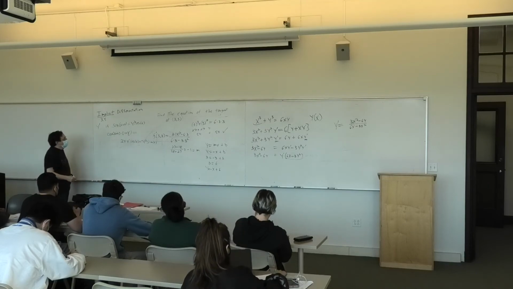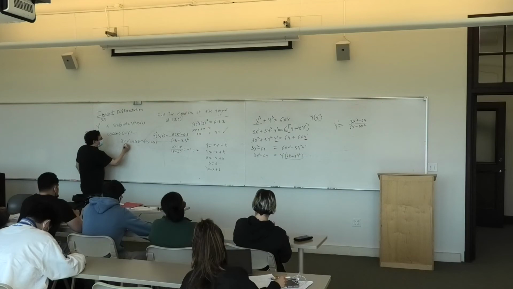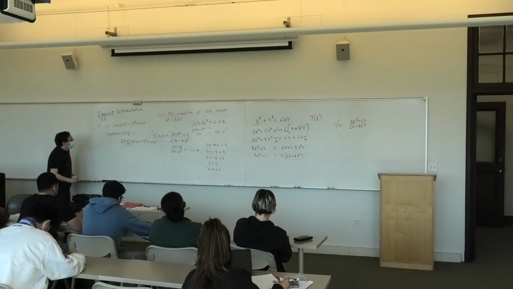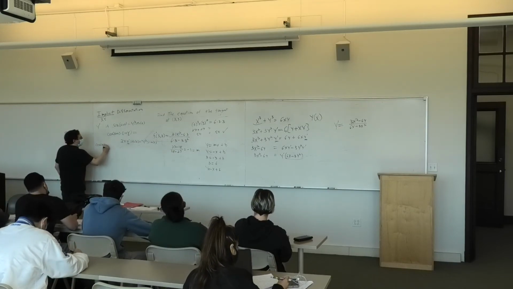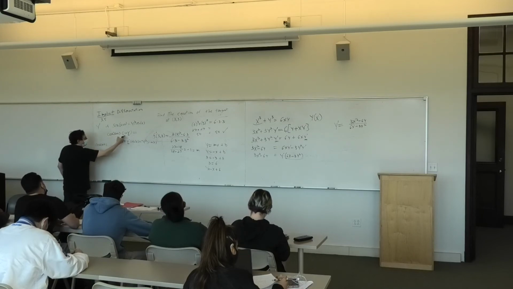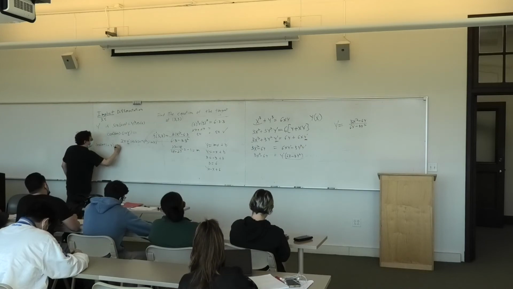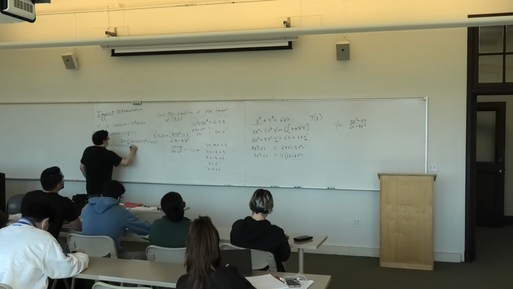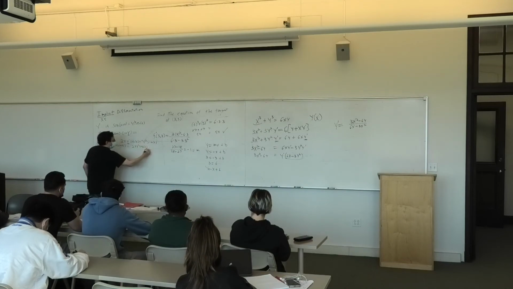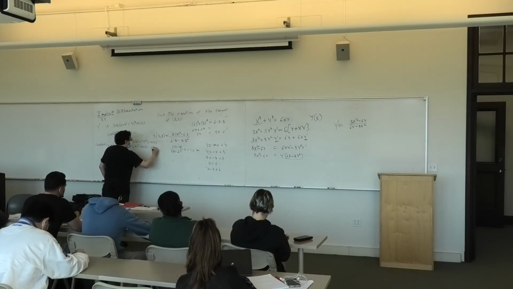At this point, we have some algebra to do, but mainly we want to isolate the y primes and solve for it. So we have cosine of x plus y times 1 plus y prime is y prime times cosine of x plus y equals 2y, y prime, cosine of x, minus y squared, sine of x.